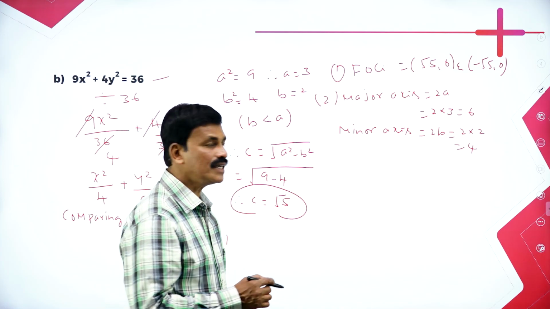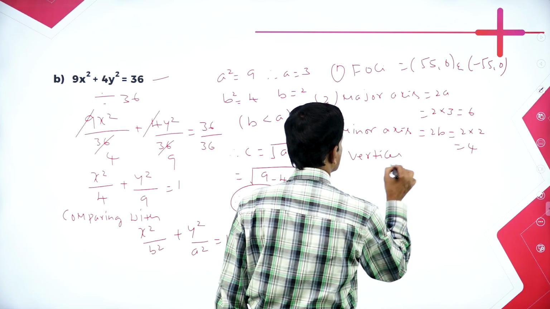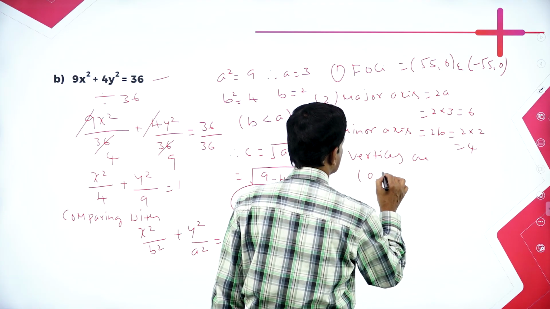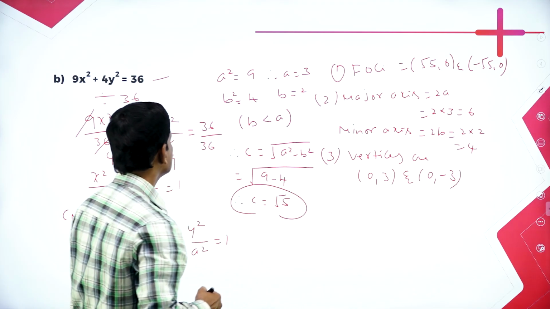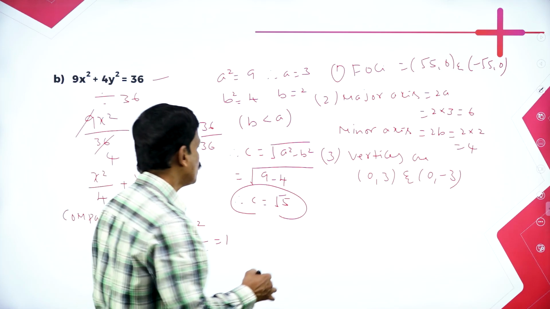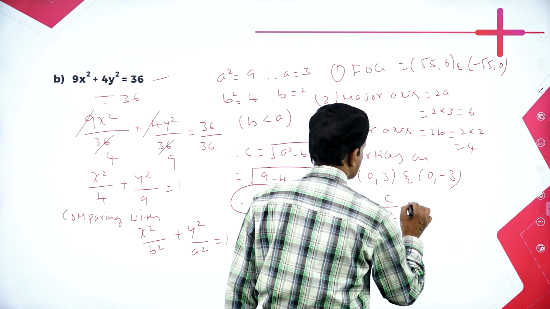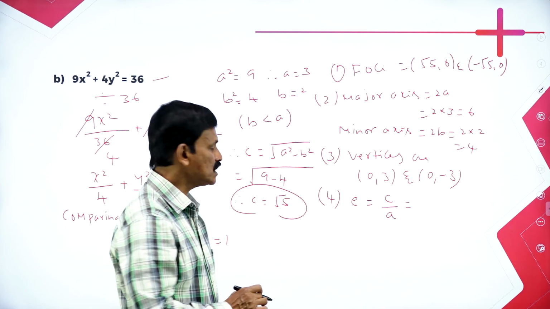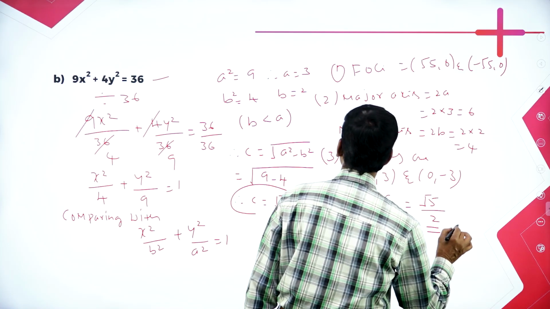Okay. And the vertices are 0 comma 3 and 0 comma minus 3. That is 0 comma a and 0 comma minus a. And the eccentricity e is equal to c by a. Okay. What is c? c is equal to root 5 divided by a is equal to 3.